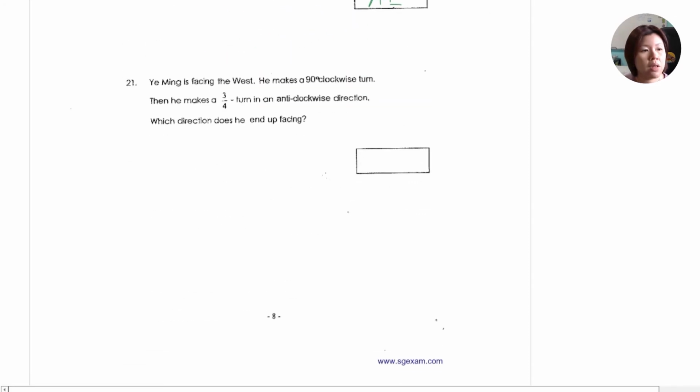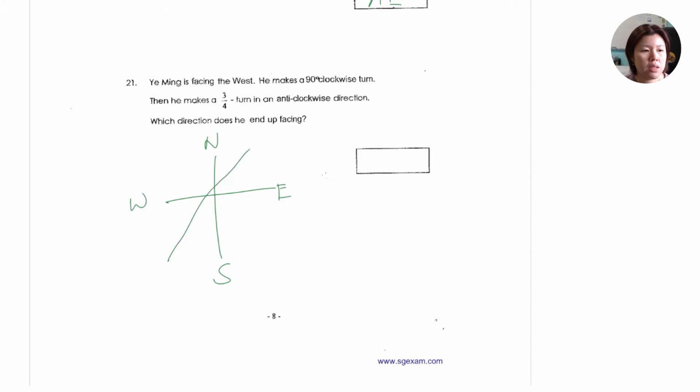Let's move on. Yiming is facing west. He makes a 90-degree clockwise turn. So there's no compass. I need to draw it myself. So north, west, south, southwest and northwest. So he's facing west, which is here, in this direction. He makes a 90-degree clockwise turn.